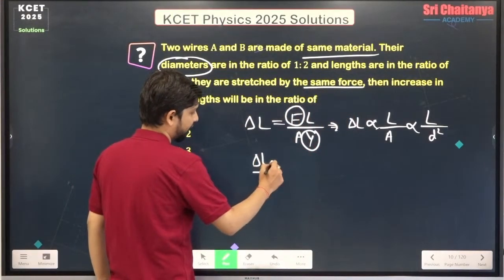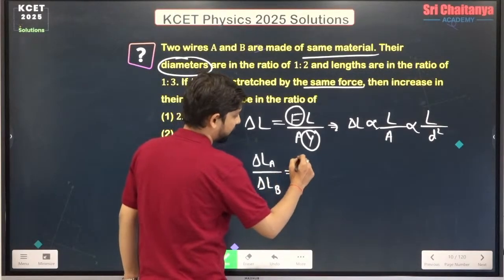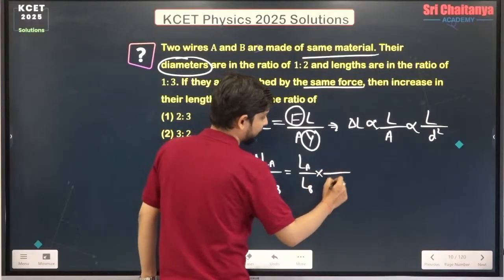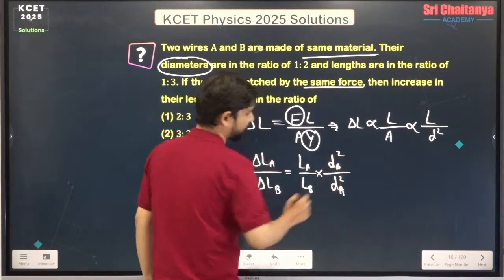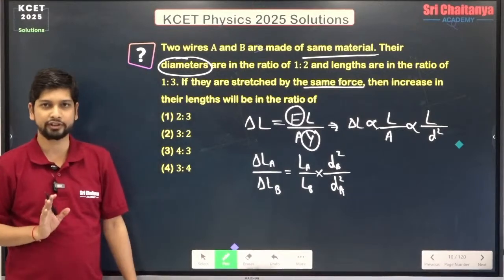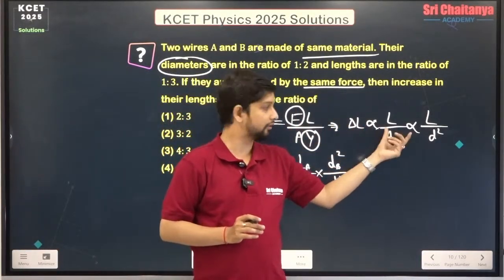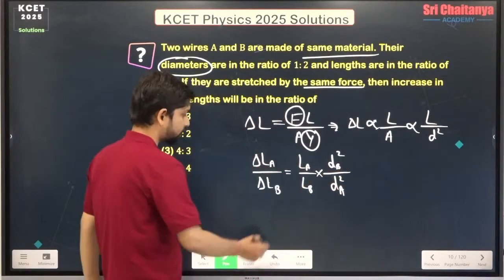So we can put the values here. Delta L for A divided by delta L for B should be equal to LA upon LB multiplied by DB square upon DA square. Are you able to understand the values? First we wrote the formula, then we found the proportionality, then we compare.